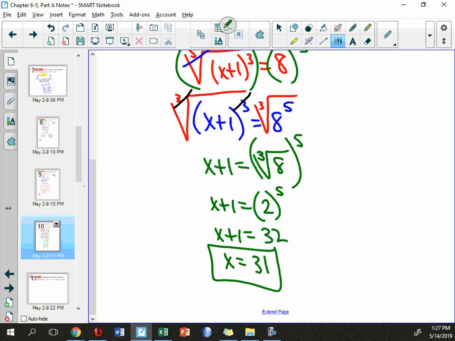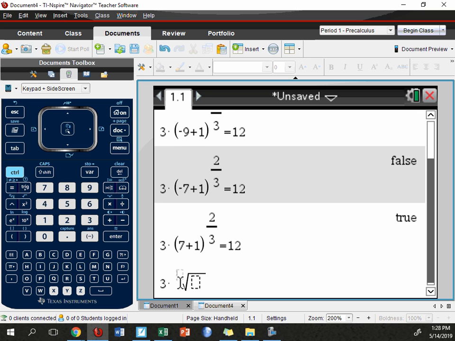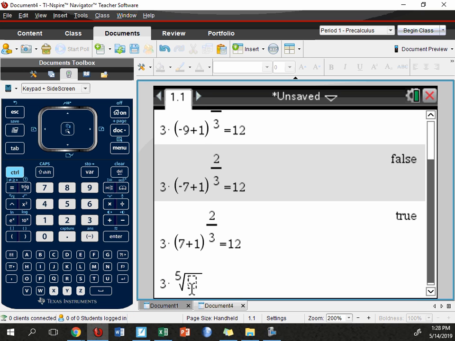Am I done? What do I need to do? I need to go back to the calculator and I need to plug and chug. So I'm going to get out the original problem, which is going to be 3 times the 5th root of parentheses, x is 31 plus 1 cubed.